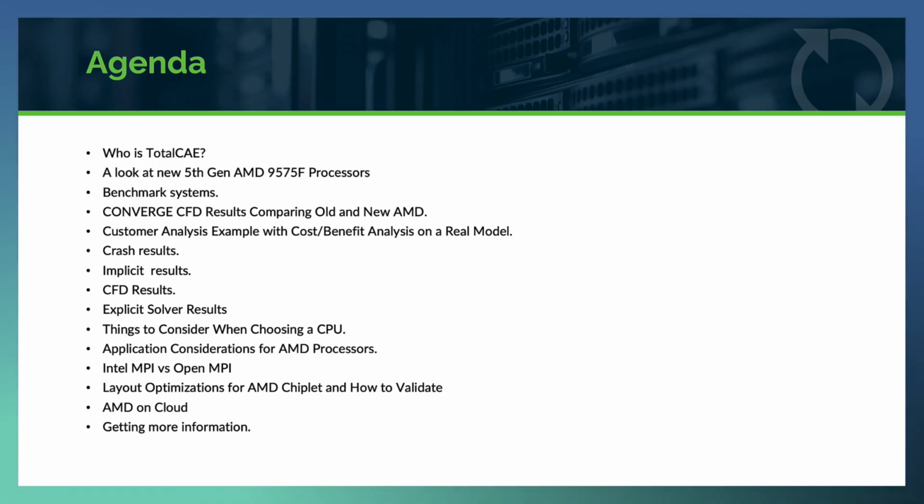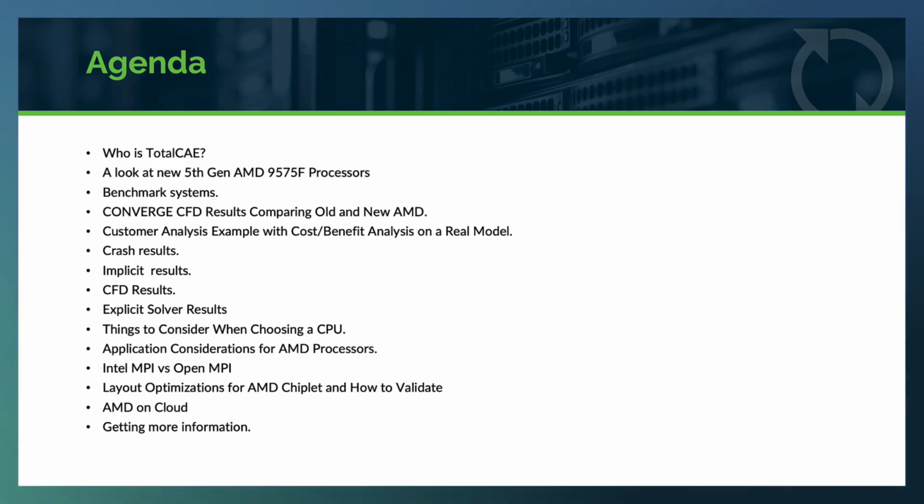The agenda for today: we're going to talk a little bit about who TotalCAE is, if you're not familiar with us. We're going to look at the new 5th Gen AMD 9575F, go over the benchmark systems we used, and talk about some Converge CFD results, a real-world customer analysis example of trying to take a 56-hour run down using the new AMD, and go over some crash, implicit, and other CFD and explicit results.